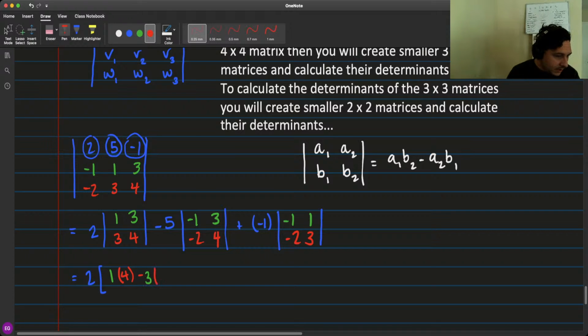And I'm keeping the color coding so you can see where the numbers come from. And then minus 5 times -1 times 4 minus 3 times -2.